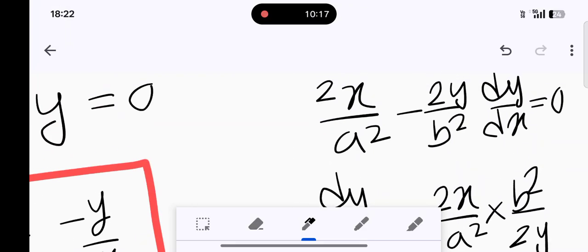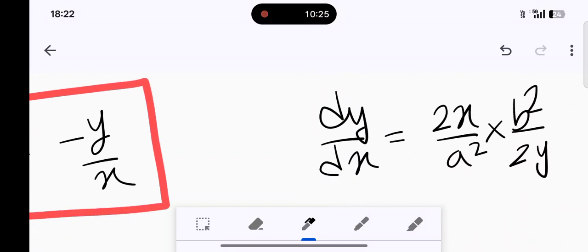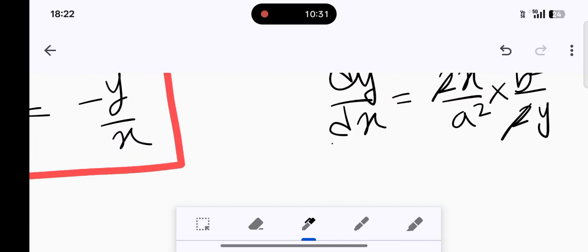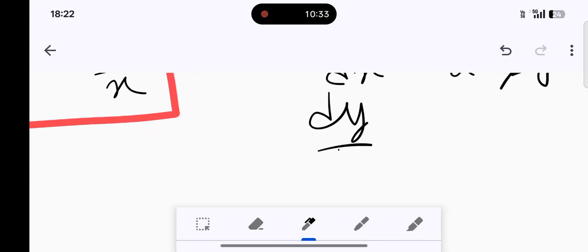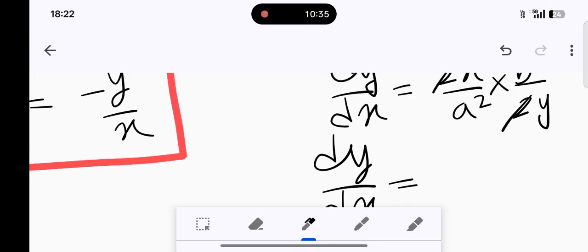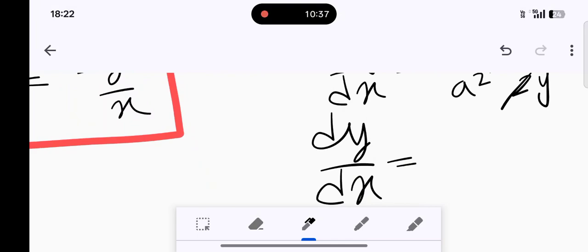I'm taking the 2x by a square part at the right side. Minus minus will cancel out, and 2 will be cancelled out, and this is dy by dx is equal to x b square by a square into y.